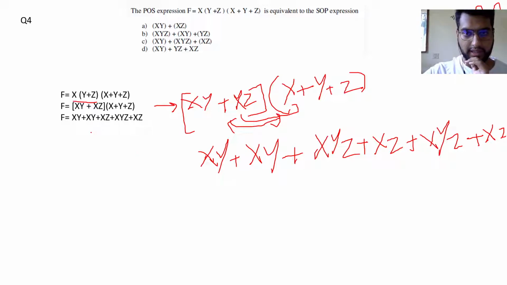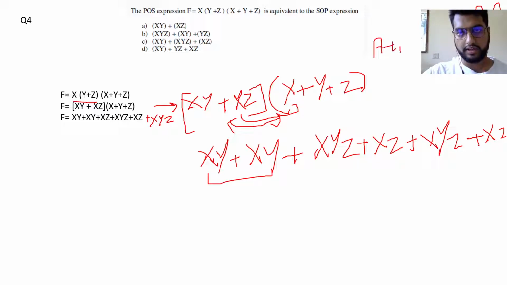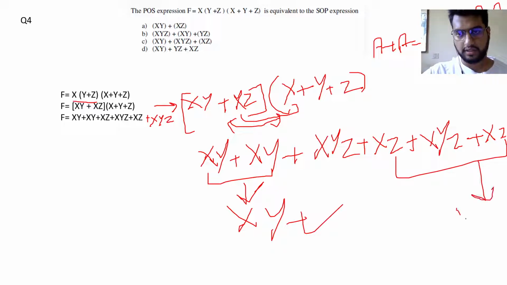So that's what I have written here. I am missing one xyz term, so here it will be one xyz term. Since these two are similar, we know that a or a is simply a. Using that property, this is xy plus xz plus xyz.